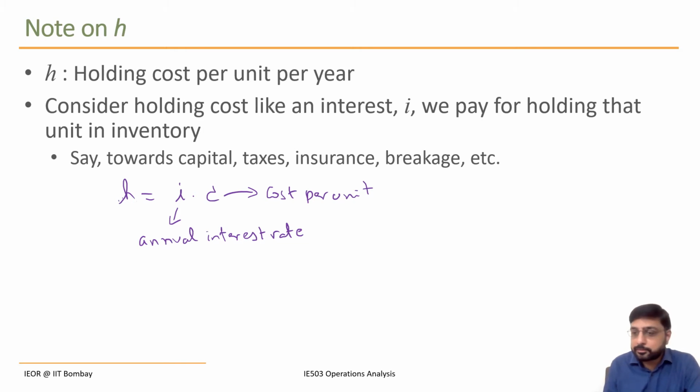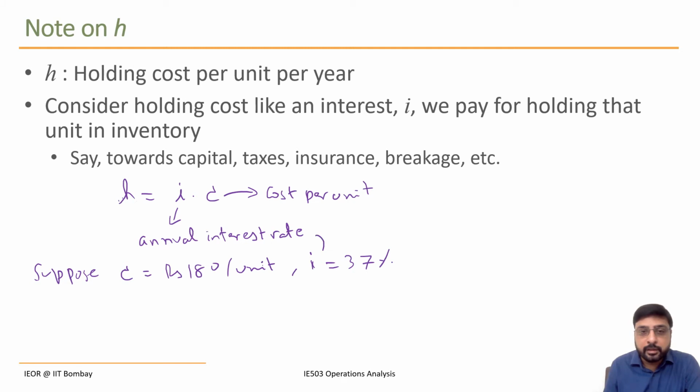We can take a short example. Suppose a product costs rupees say 180 per unit and let us say I is 37%.